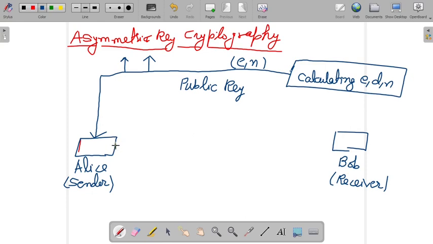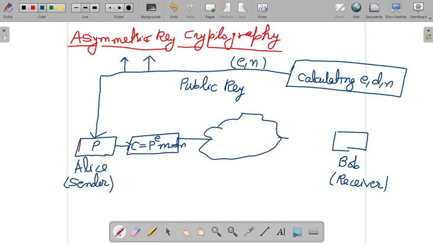With the help of this key, the sender changes the plain text into the ciphertext. The formula is C equals P to the power E mod N.